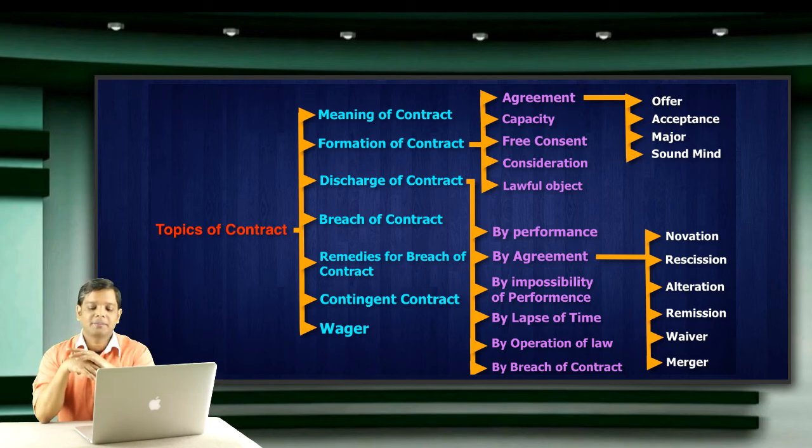Then remission. The meaning of remission is that you waive off the whole liability of your promisee, or part of it. Means if A owes 1000 rupees, then B says okay, I waive off all your money, you don't need to pay anything.